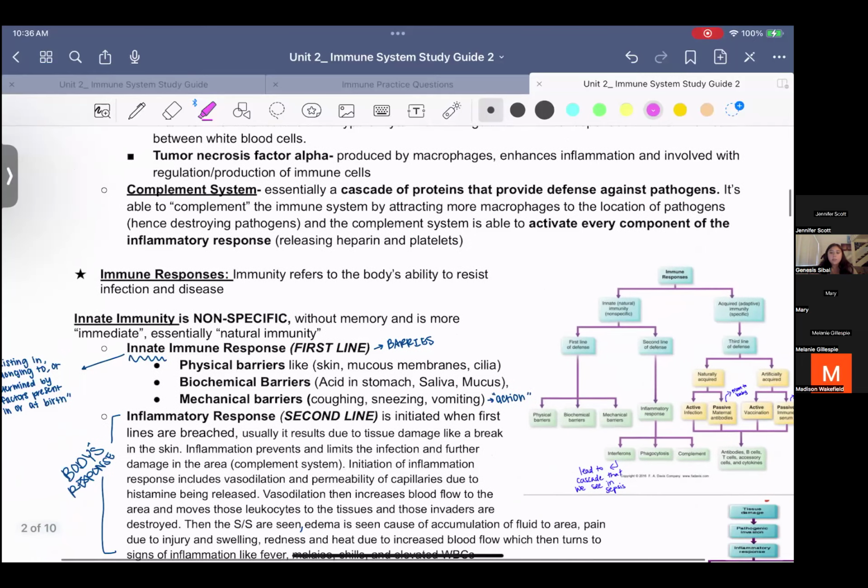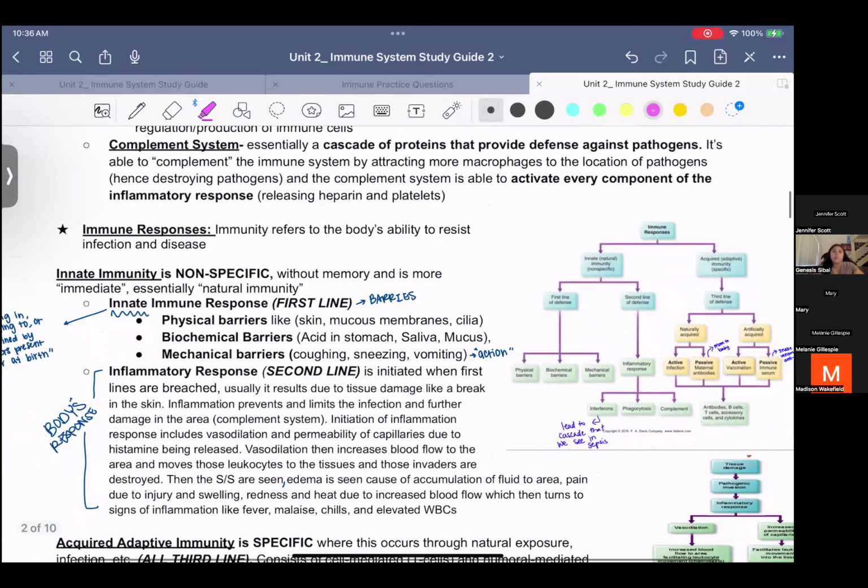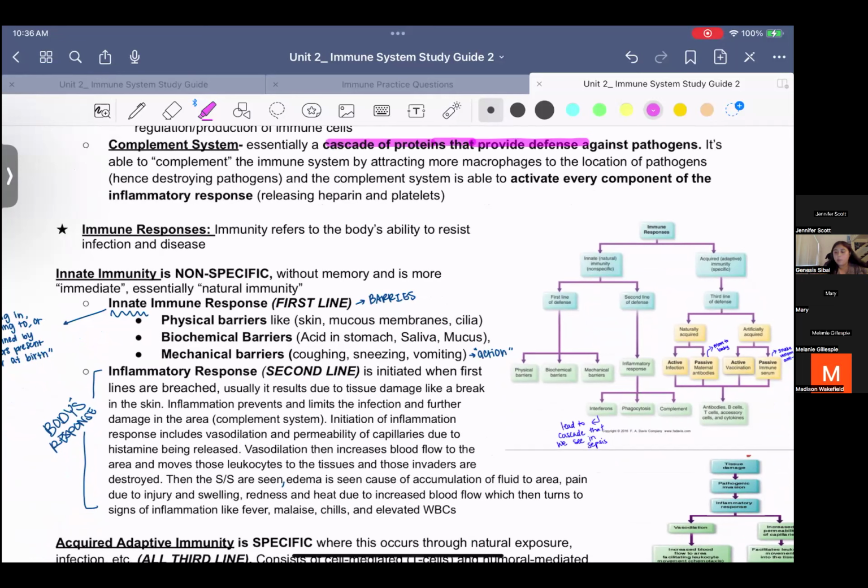And then with the complement system, which we will talk about, it's important that you do understand this. The complement system is a cascade of proteins that provide defense against pathogens. So they complement the immune system, and they allow those macrophages to go to those pathogens and destroy them and eat them.